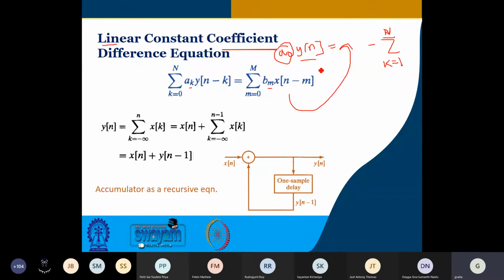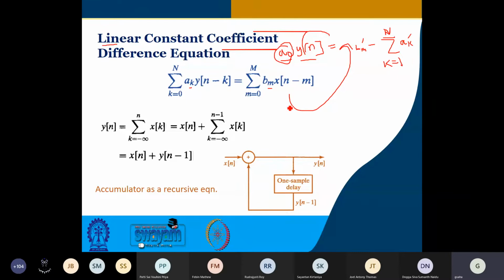That will be another set of constant coefficients, so basically bm prime and ak prime. So a naught will not be there. This is the output, and this is the way we also write it.